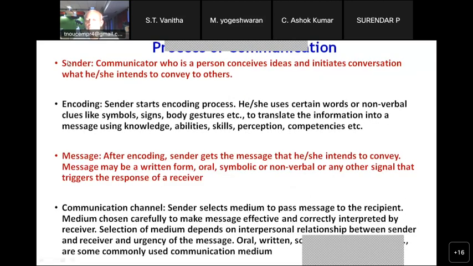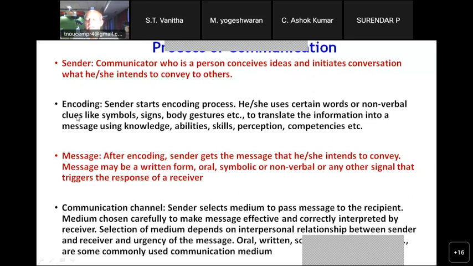See, the sender is the person who conceives the idea and initiates the conversation. So I am the sender. I conceive the idea and I am initiating.